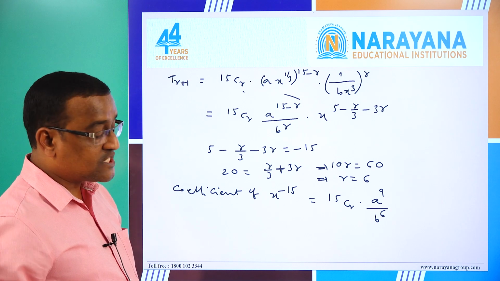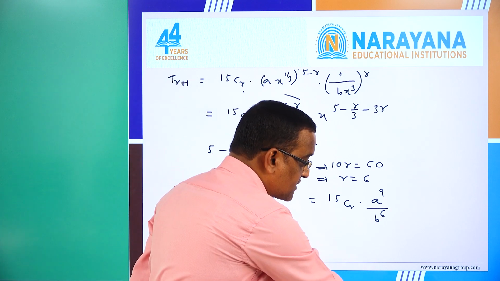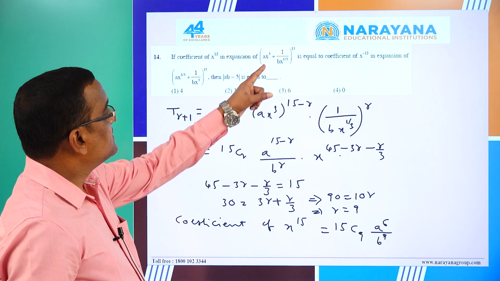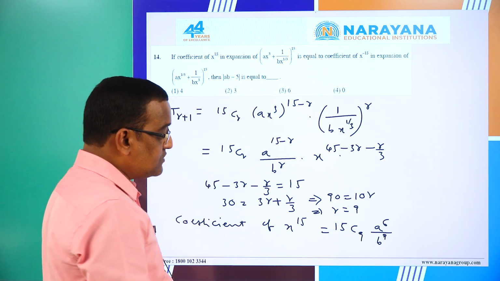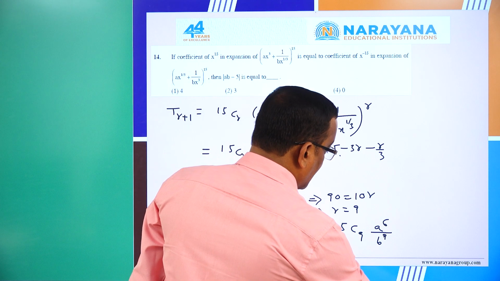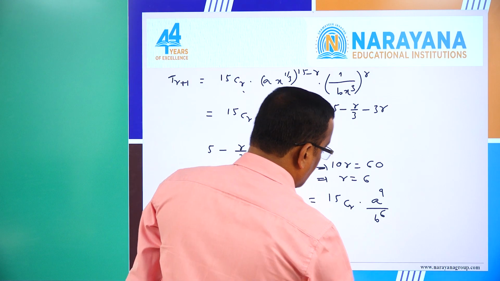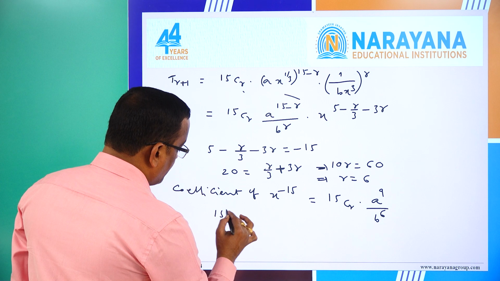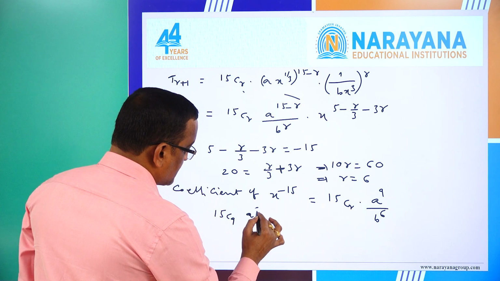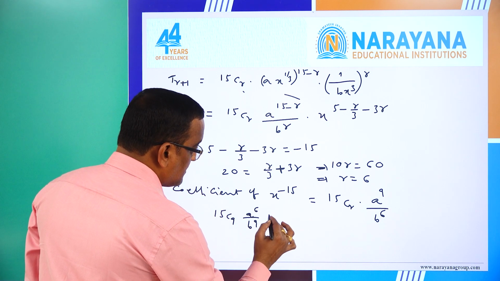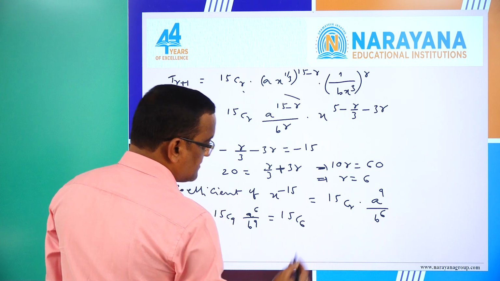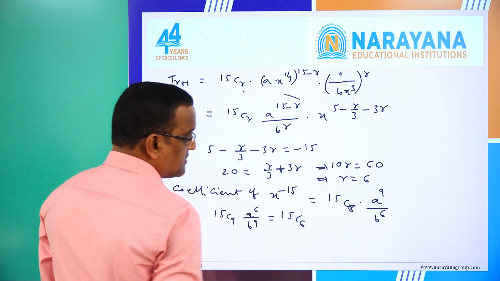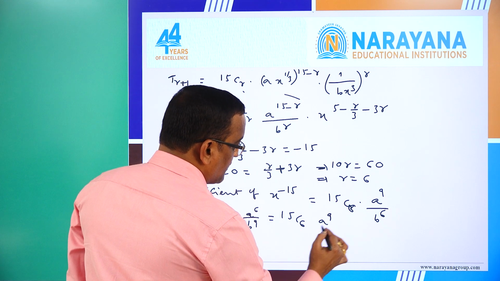Now given that the x^15 coefficient in the first expansion is the same as the x^(-15) coefficient in the second expansion, so just equate these two. 15C9 into a^6/b^9 is equal to 15C6 into a^9/b^6.